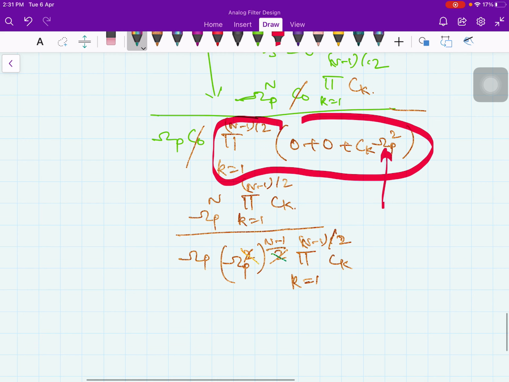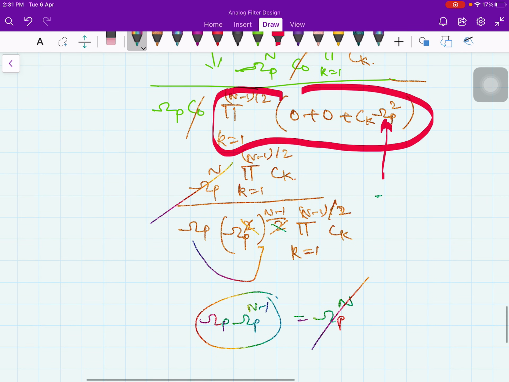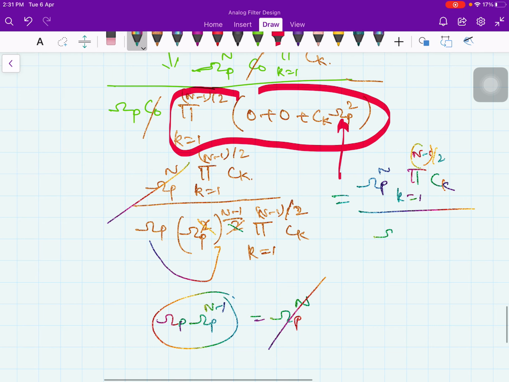So the denominator is omega p times omega p to the n minus 1, so this is omega p to the n, and this and that will cancel the numerator. Okay, so omega p to the n, continued product of ck, k equal to 1 to (n minus 1)/2, denominator omega p to the n, continued product of ck. So this will give you 1.